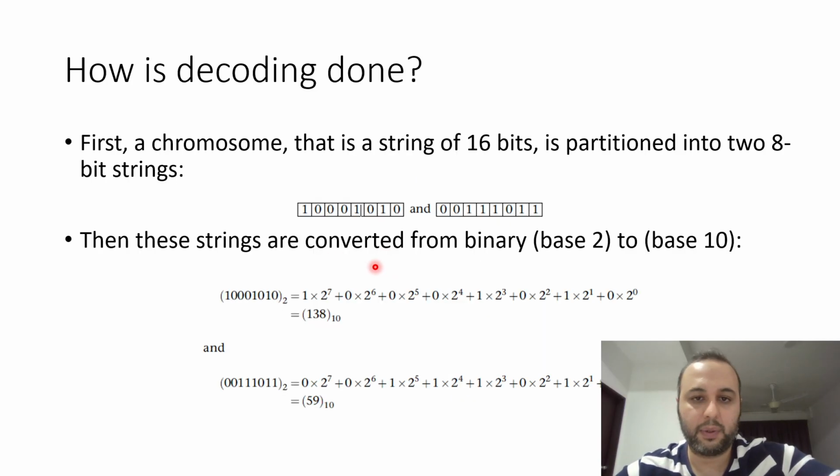The point is, we have to change from base 2, which is binary 0, 0, 1, 0, 1, 0, to base 10. Base 10 is the normal counting, 1, 2, 3, 4, 5, 6, 7, 8, 9, 10, 11, 12. It's what you always face in your life.